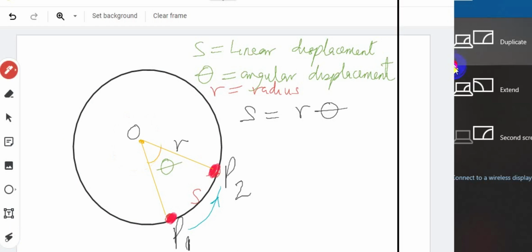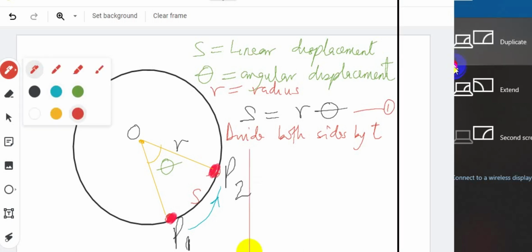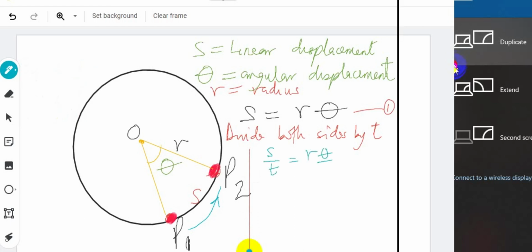All right, let's take this a little further. If we divide both sides by time, let's call this equation 1. We're going to have S over T is equal to R theta over time.